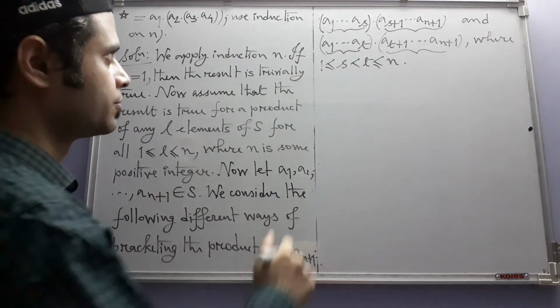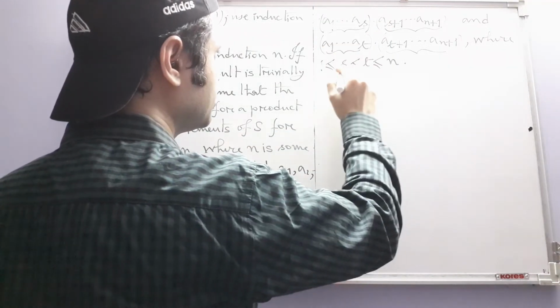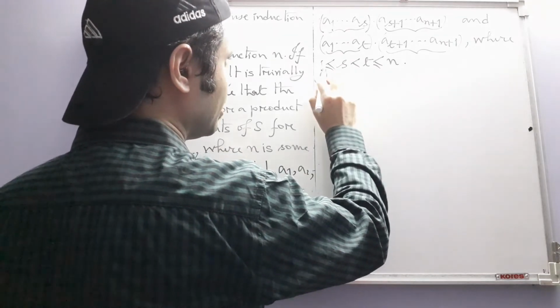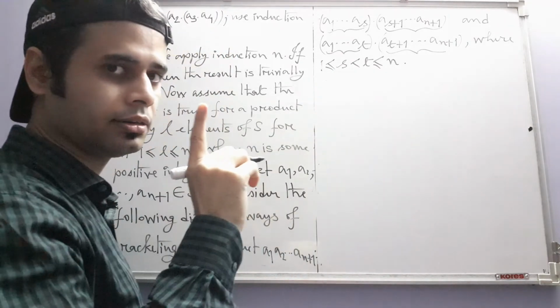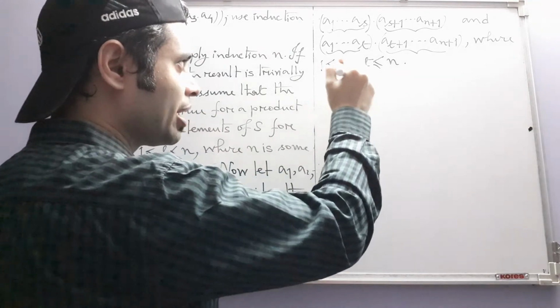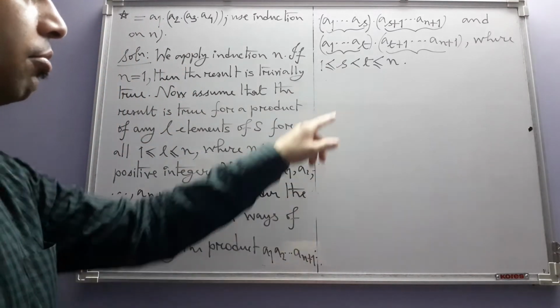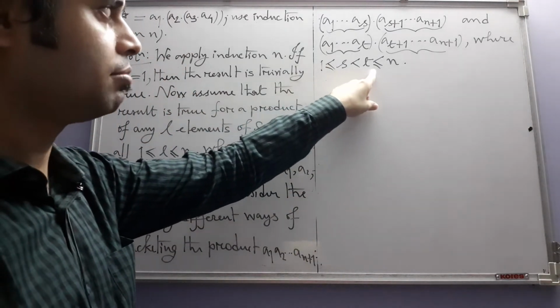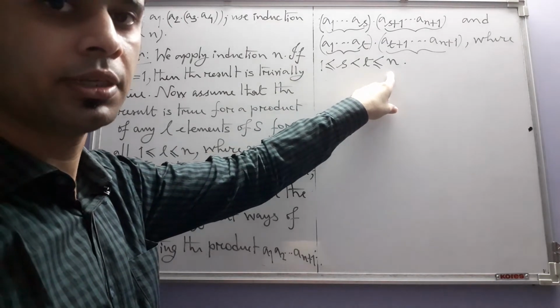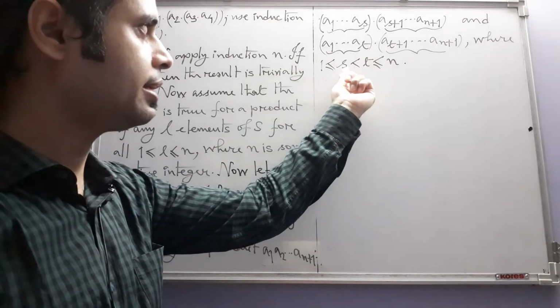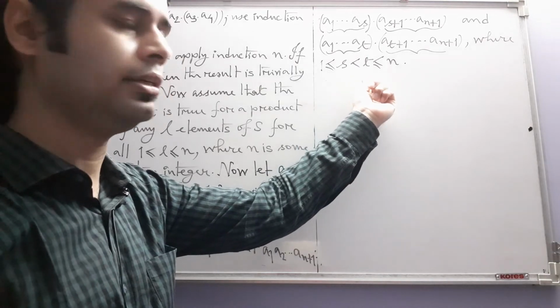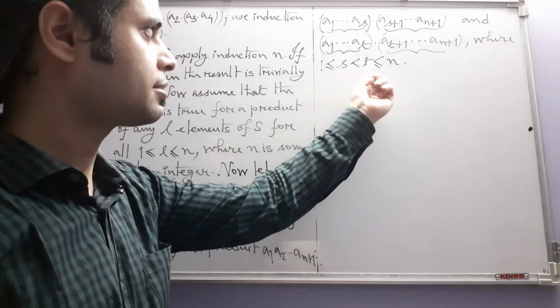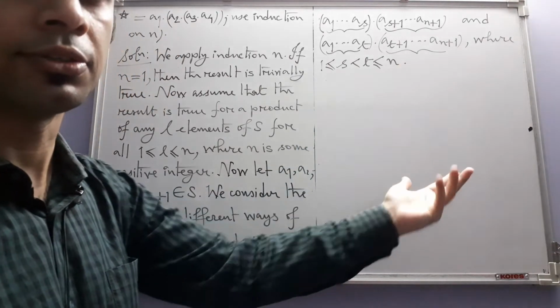Why? Because you see, S is lying between 1 and n. So what is the maximum value of S? Note that S has to be strictly less than T, and as such S has to be strictly less than n also.